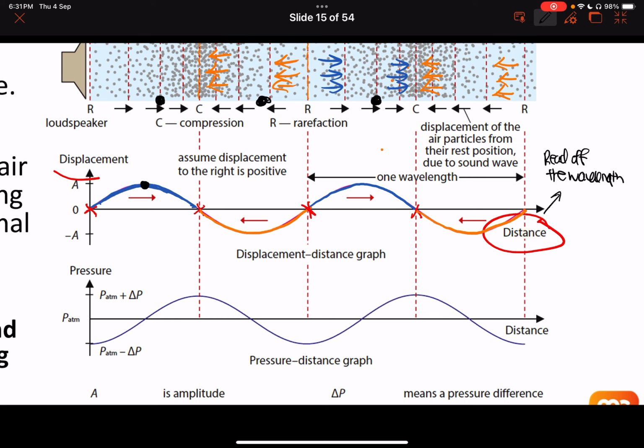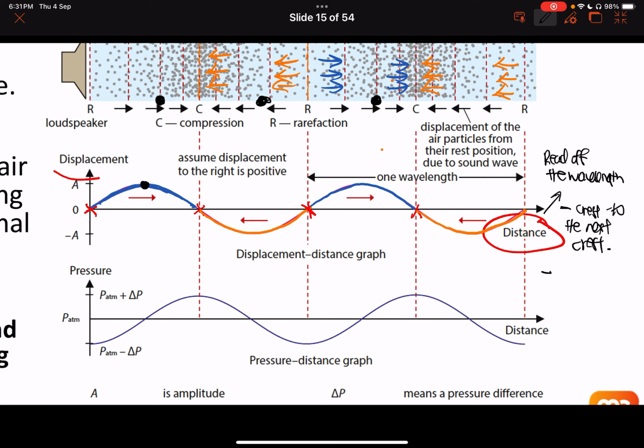So when it comes to reading off the wavelength in a displacement distance graph, the common trick here is you can read from crest to the next crest, or trough to trough, like in the previous chapter.